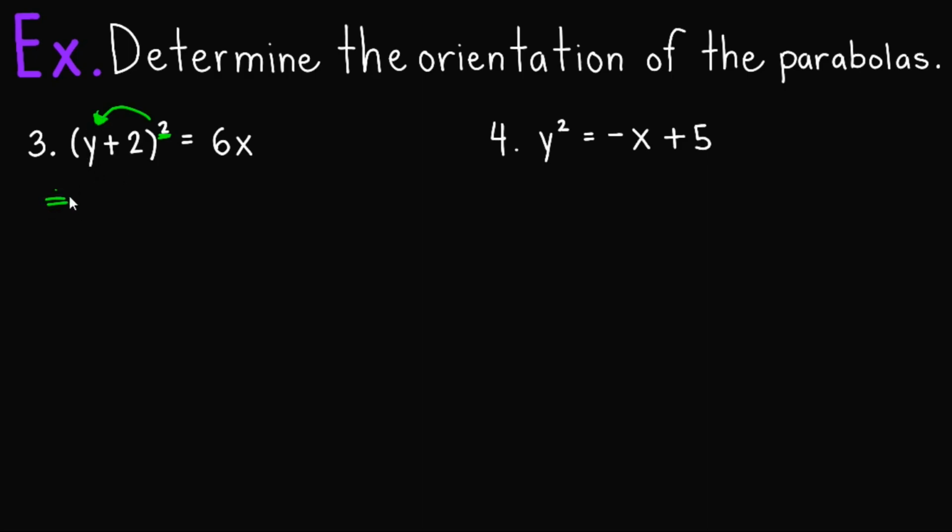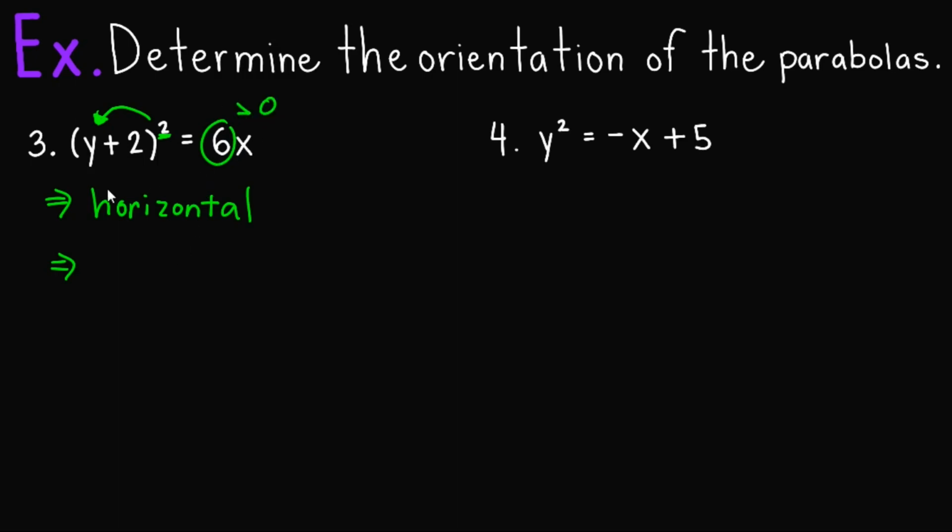So, if it is located on the y variable, take note that this means that the parabola is oriented horizontally. Next, we check the constant beside the x variable. Is it positive or negative? Well, clearly 6 is a positive number.